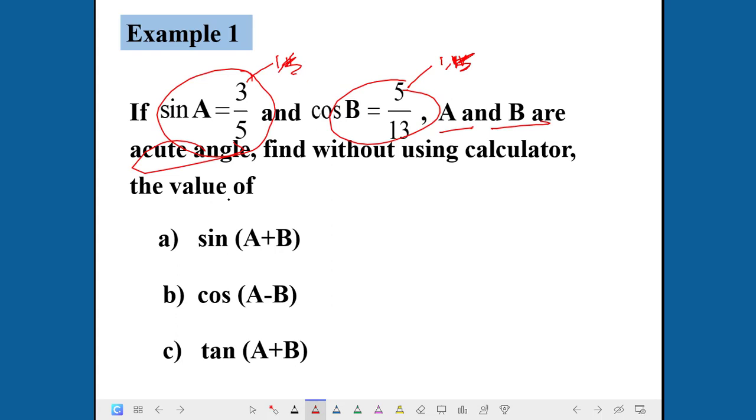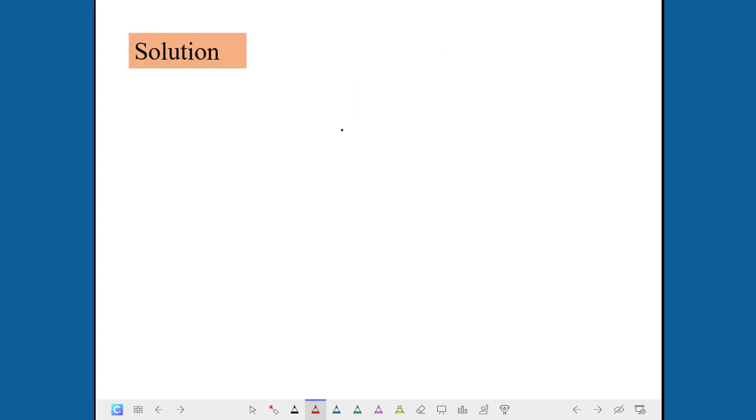And then the solution. Given that sine A is equal to 3 over 5, and cos B is equal to 5 over 13, A and B are acute angles, so less than 90 degrees. For sine A, draw the triangle.